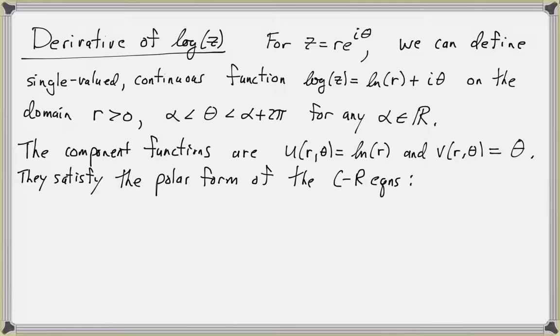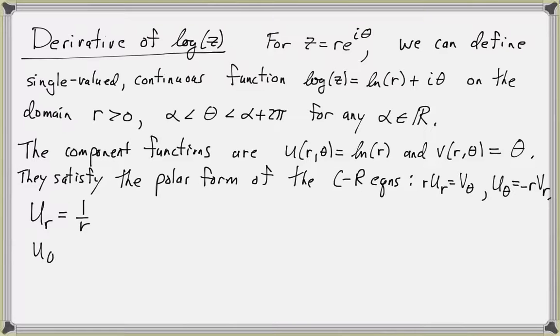Which states that r du dr equals dv d theta, and du d theta equals the negative of r dv dr. So to see that, let's take the derivative of u with respect to r. We would get the derivative of natural log of r, which is 1 over r.